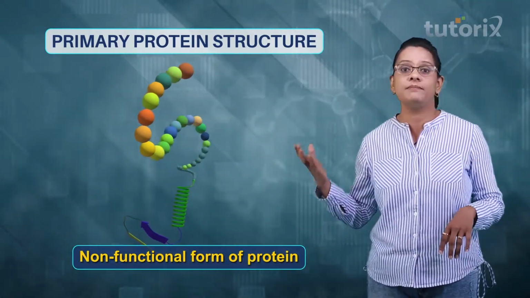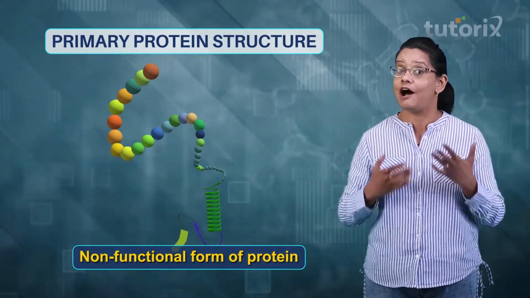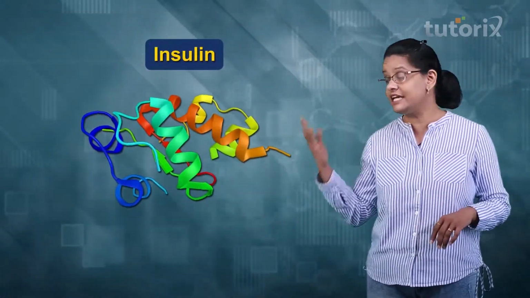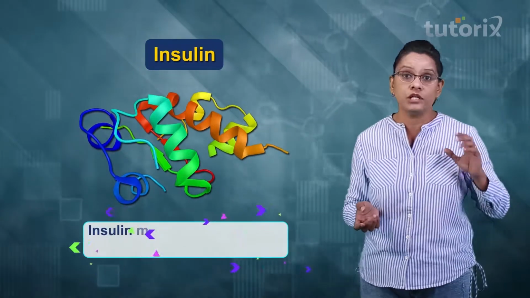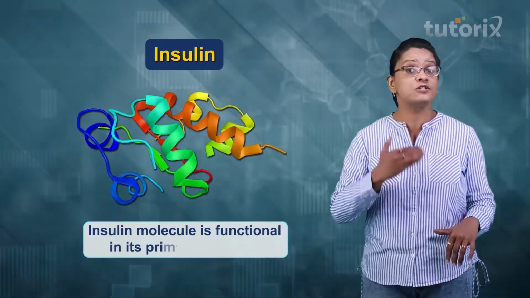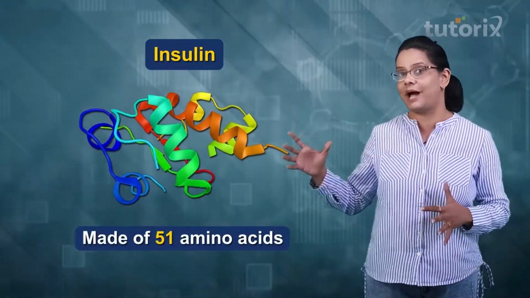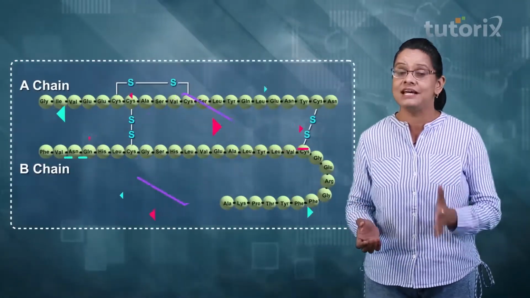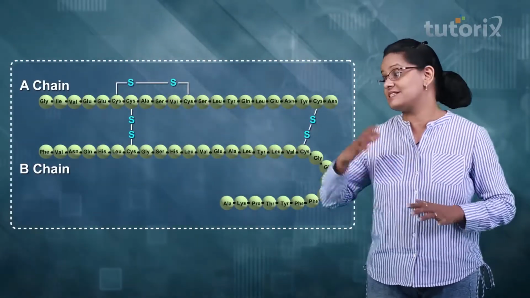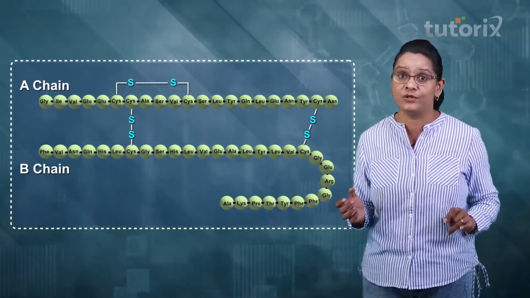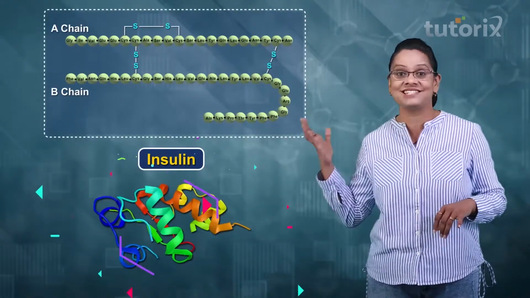Yes, generally primary structure is non-functional. However, the exception is the insulin molecule. The insulin molecule is functional in its primary structure and it is made of some 51 amino acids. And guys, the structure we took as an example for primary protein structure was actually this insulin molecule.